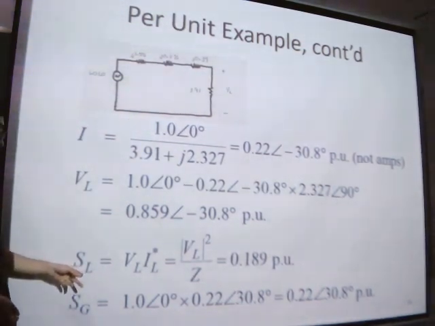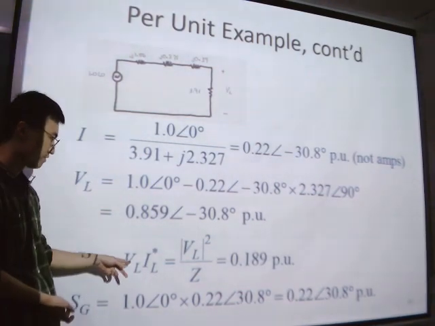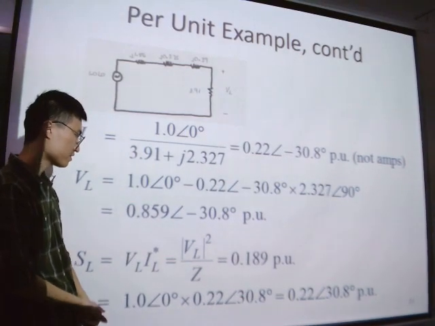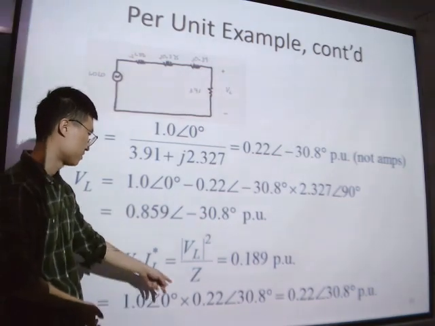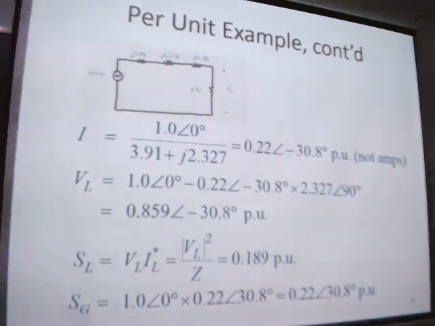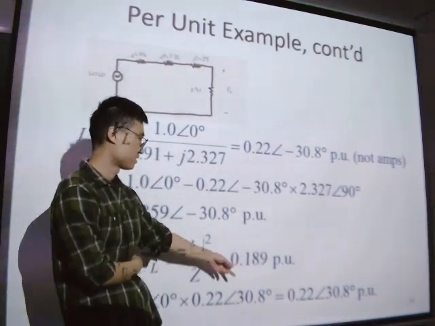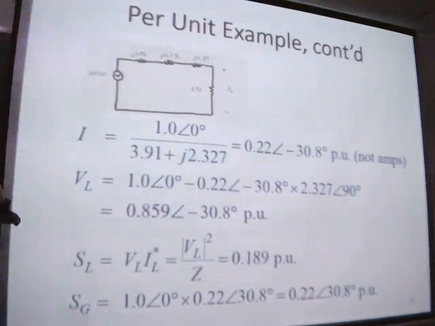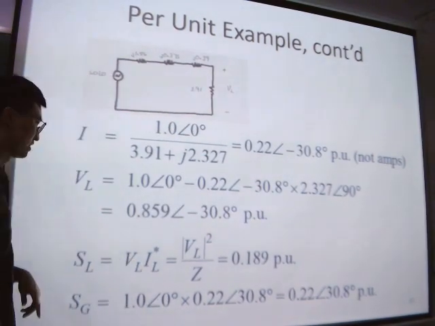And for the complex power of the node, voltage multiplied with the conjugate of the current is equal to the voltage square multiplied with this Z, right? Z is here, okay.